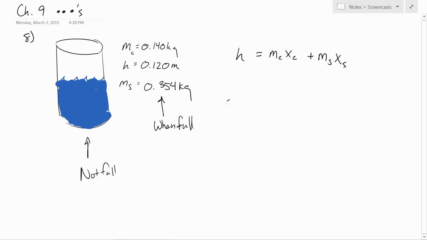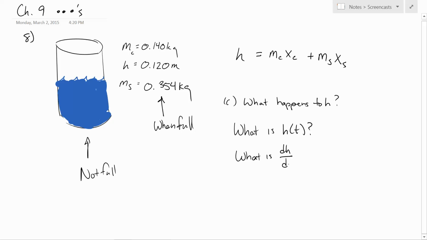And so in part C they ask what happens to h, which is a very obtuse way of saying, in my opinion, h of t, or alternatively, more accurately probably, what is dh/dt. Both of those are probably interesting questions to answer.